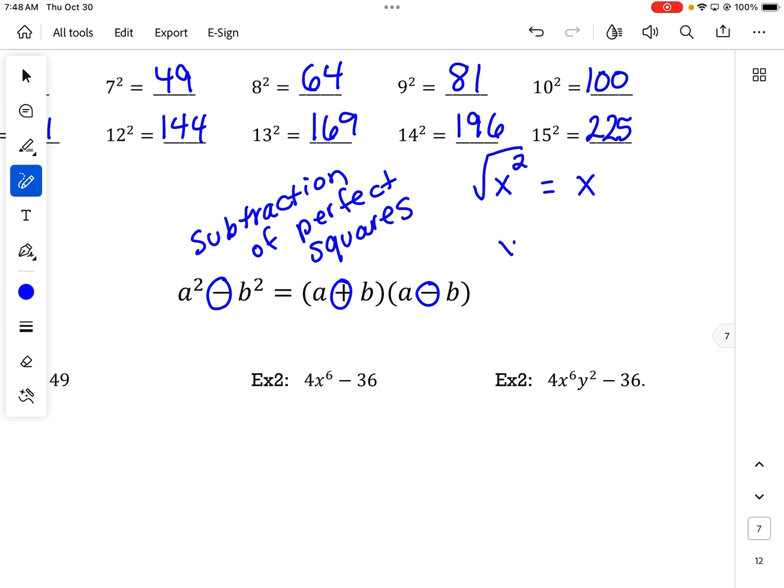If I have y to the 6th power, and I take the square root, I'm going to half it to get the square root. So it's y to the 3rd power. So with variables, it's kind of funny. We want to find out what would be squared, like what's the perfect square? Well, you have to take the square root. And so that's how I got the 3. Basically, you are going to half the exponent.